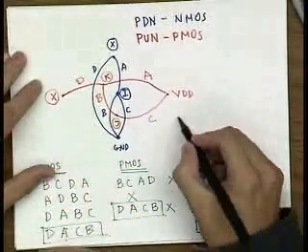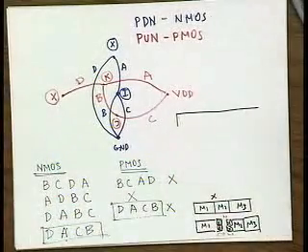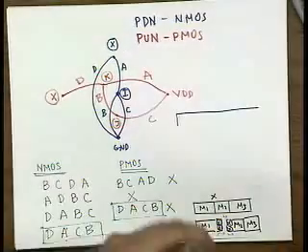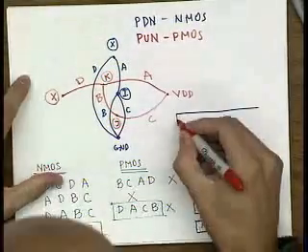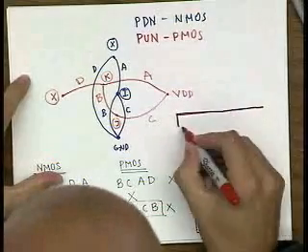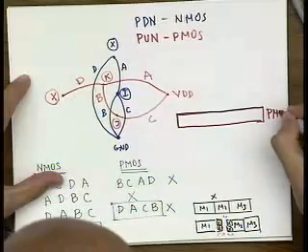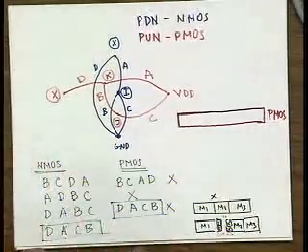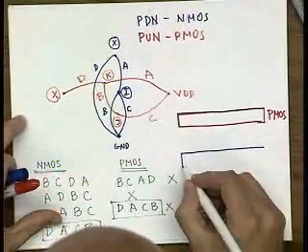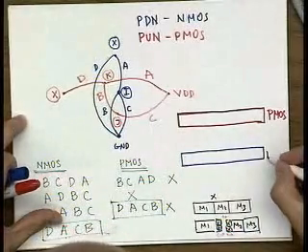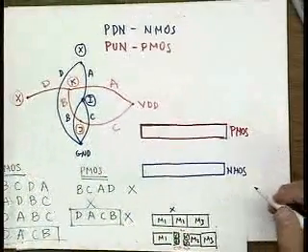Let me use the colors again. Let's assume this is our PMOS network. So this is our PMOS. And then we have blue for the NMOS. Okay.